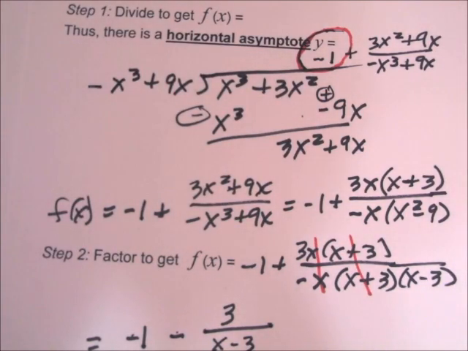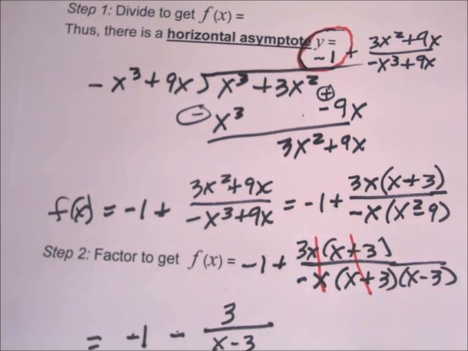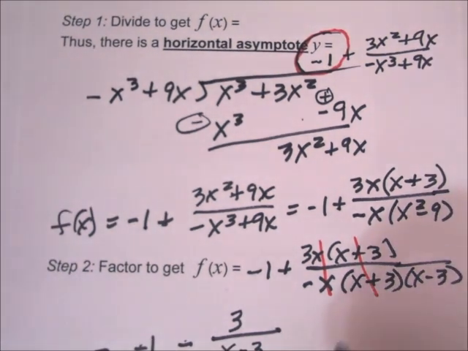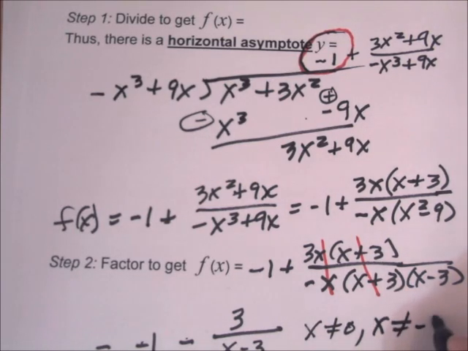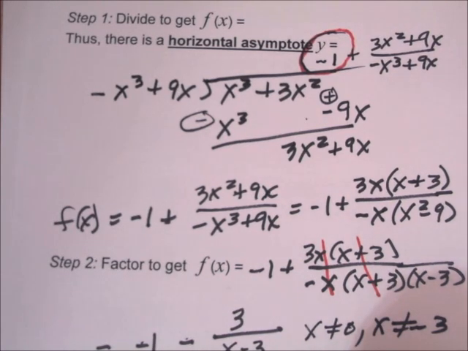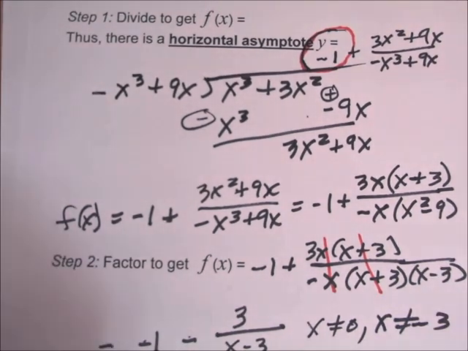Okay, so x cannot be, before we reduced, we had some factors in the denominator, and the denominator cannot be 0, so x cannot be 0, and x cannot be negative 3, and also x cannot equal positive 3.